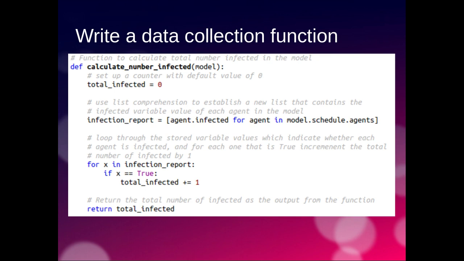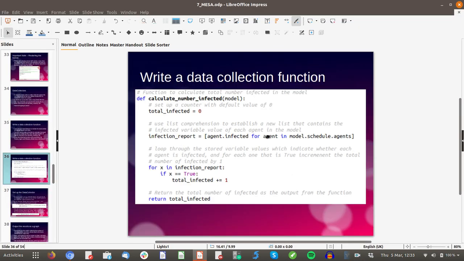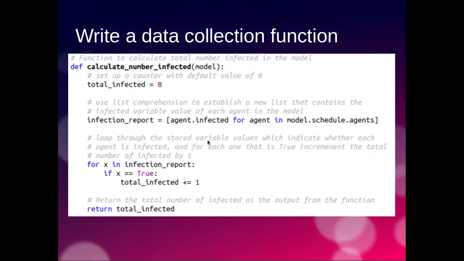So here we're going to say grab agent.infected for each agent in the schedule of agents. So agent.infected is the value we want, and we want to grab that for each agent in the schedule. So remember, the model schedule holds the agents that we've got in the model at any one time. So that will give us a list of trues and falses representing each agent's infected status.